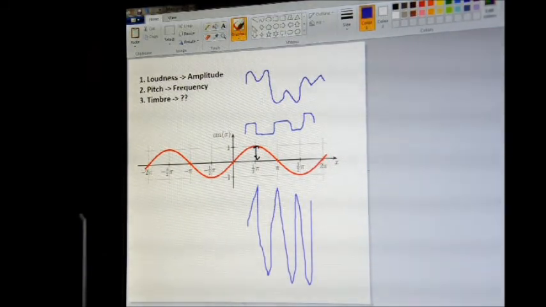In fact, if this was a 20 hertz square wave, you can represent this as a superposition of sines, and the sine waves would have frequencies that are multiples of 20 hertz.